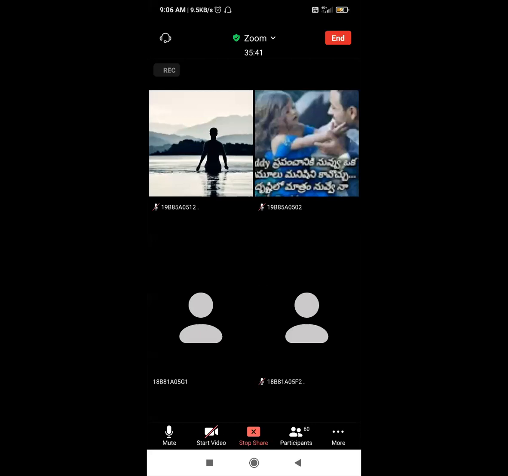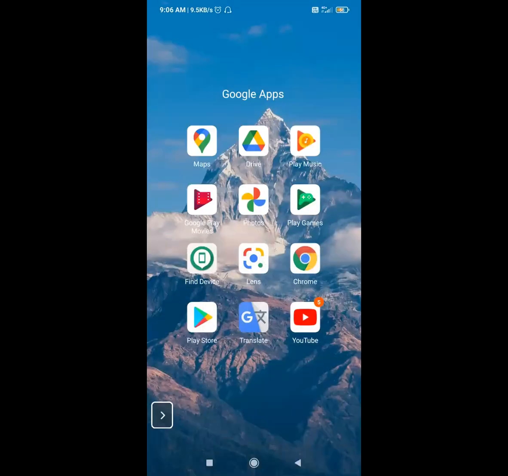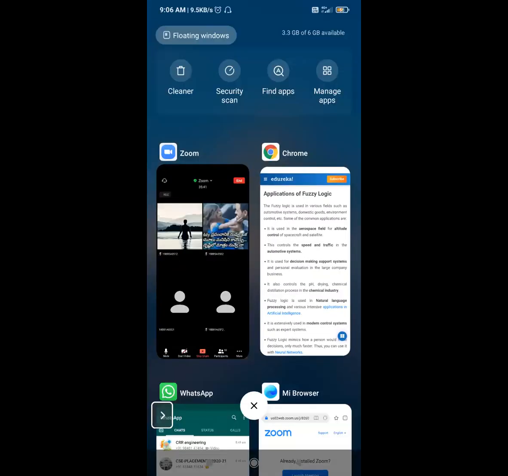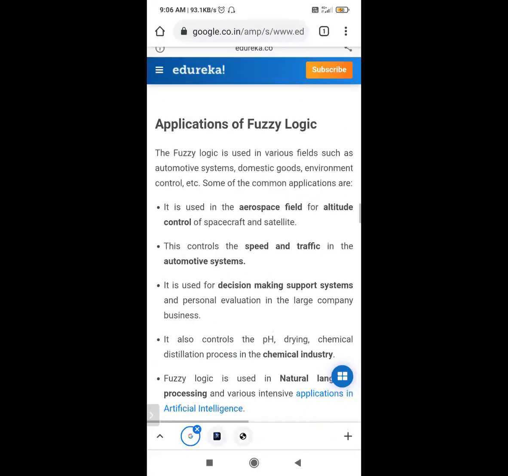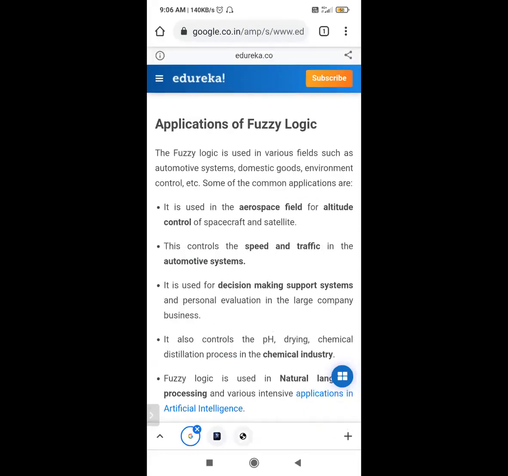This is one of the applications of fuzzy logic.